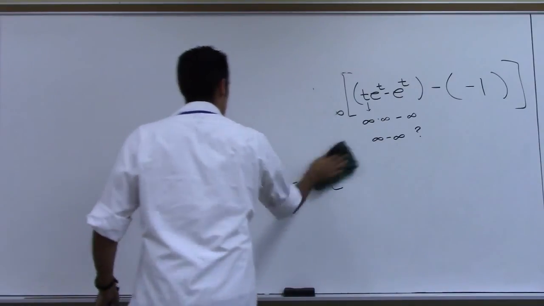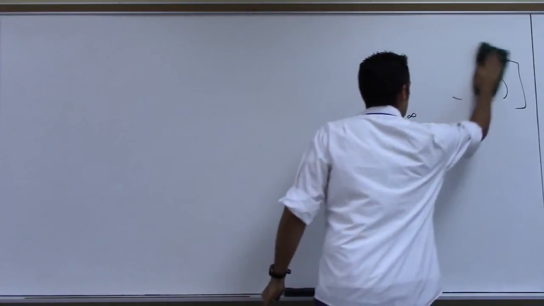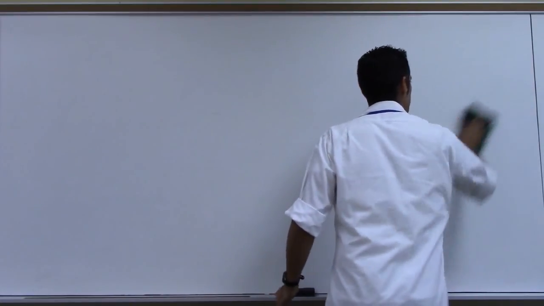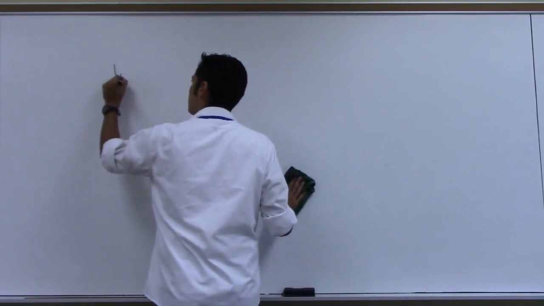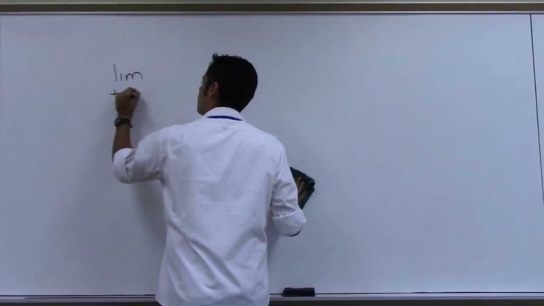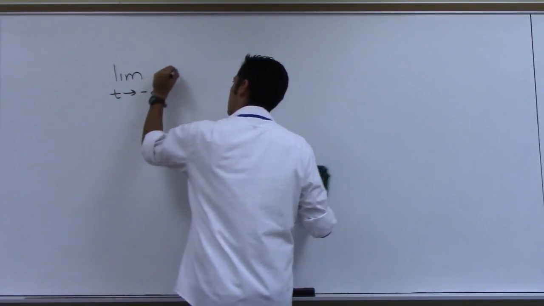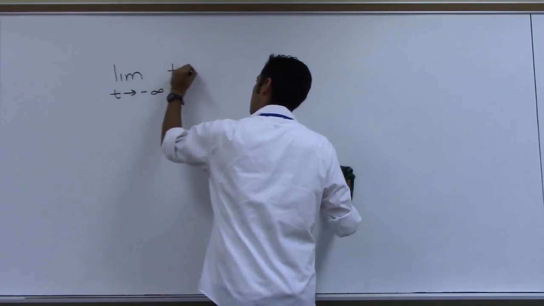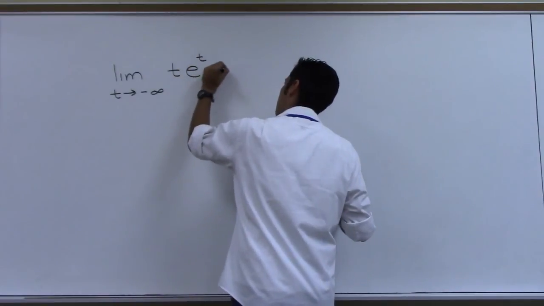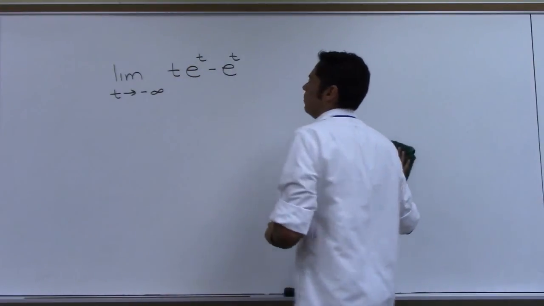All right, so I am interested first in this limit. I want to know what the limit is as t goes to negative infinity of t e to the t minus e to the t.